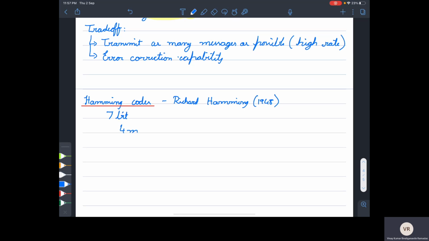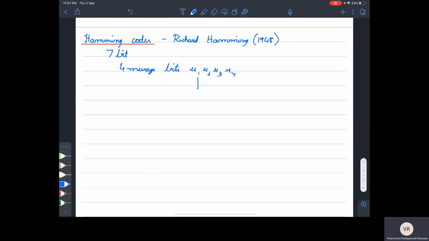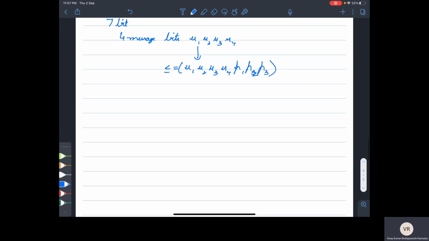You have 4 message bits, say U1, U2, U3, U4, and these 4 message bits are encoded into a code word of length 7 with 3 parity check bits. Now, how are these parity check bits formed? For this, it is good to explain this using the following diagram.